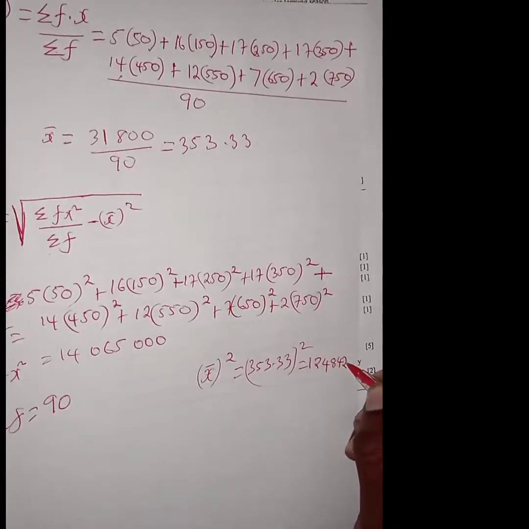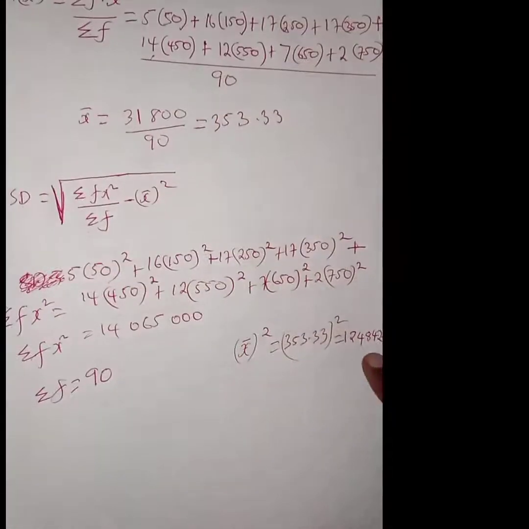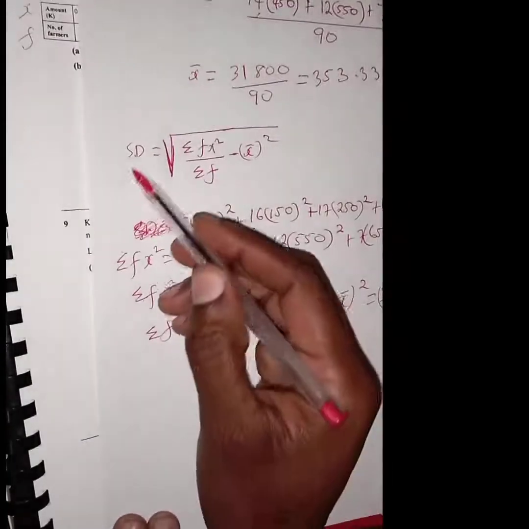You see, you can get that one. Though they are recurring, you have 124,842. They are recurring, but still you can write this one. It's enough. As you can see, we didn't round off. There are still a lot of figures that we have considered. Then we can rewrite this.